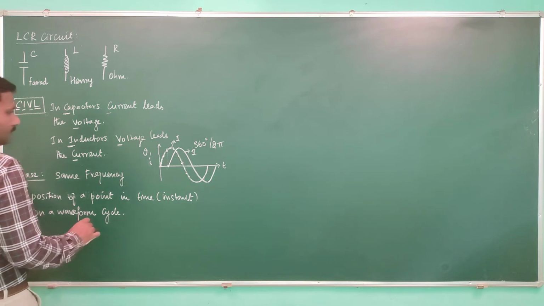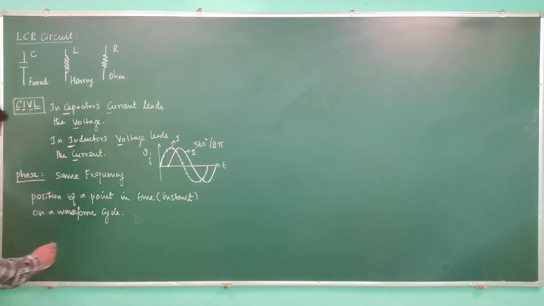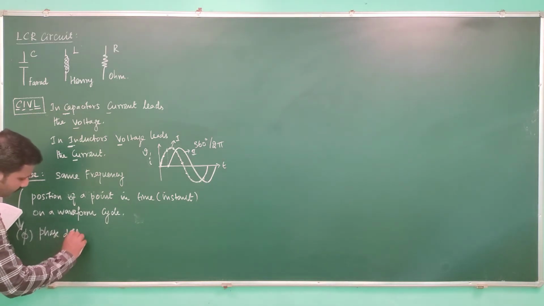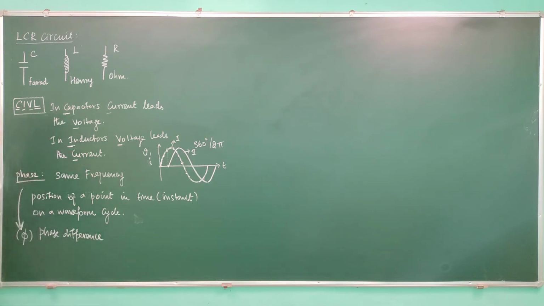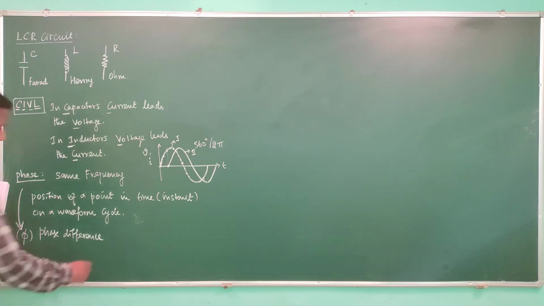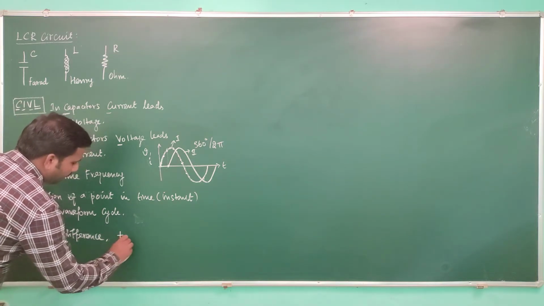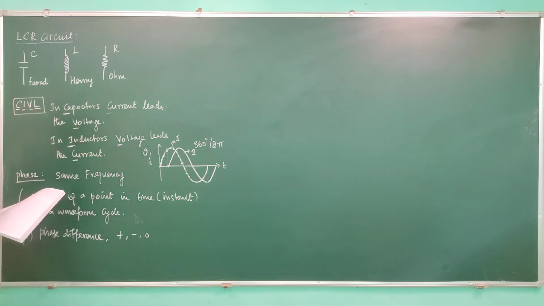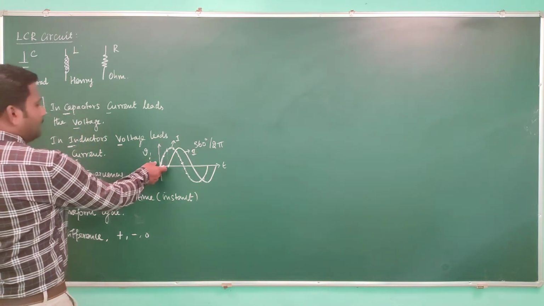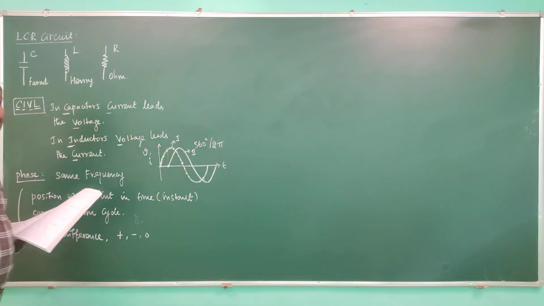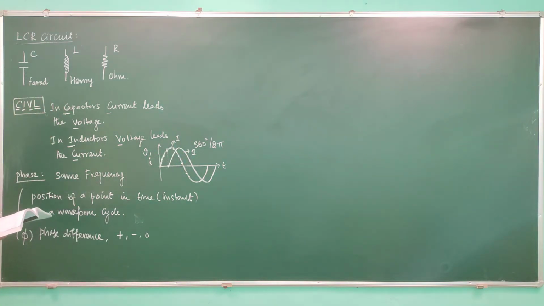This term phase is denoted by the angle phi. Phase is denoted by the letter phi, right? Phase difference, we can denote it by the letter phi. It may be plus, minus or 0 depending upon the line of traverse between the two different waves.